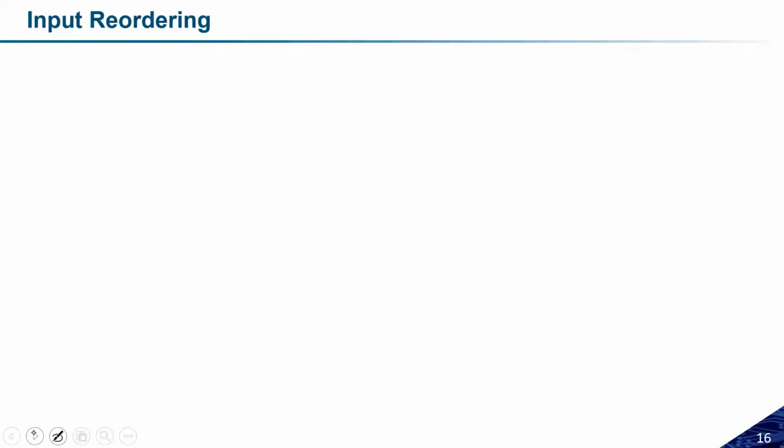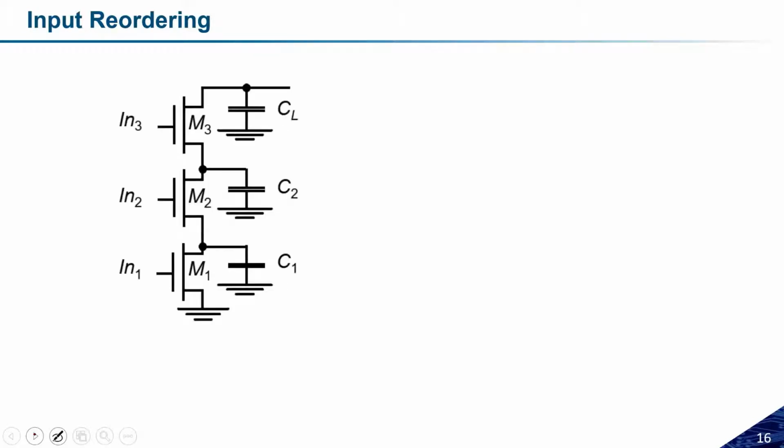Third solution could be input reordering. Okay, what is that input reordering? Input reordering means, suppose I have this kind of pull down structure, I'm talking about the NAND gate, where I have input 1, input 2, and input 3.